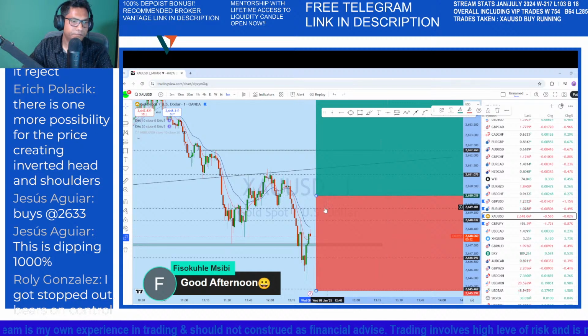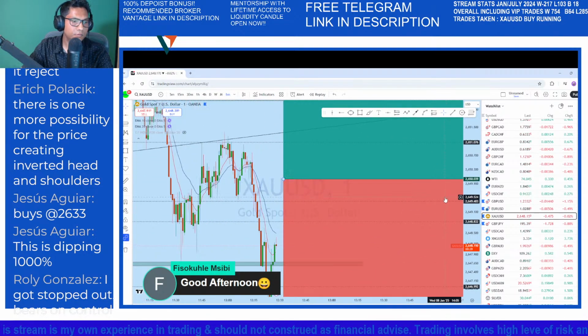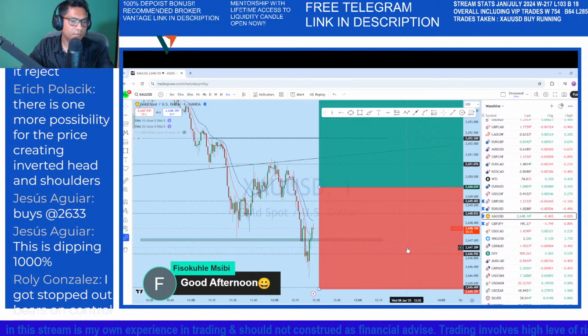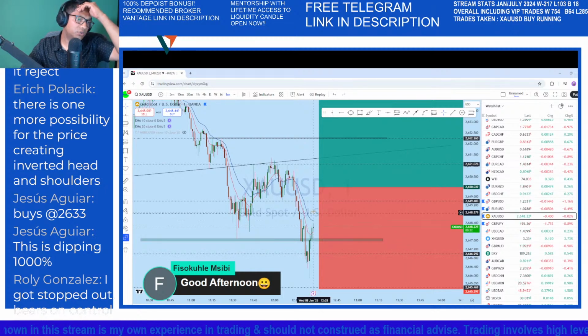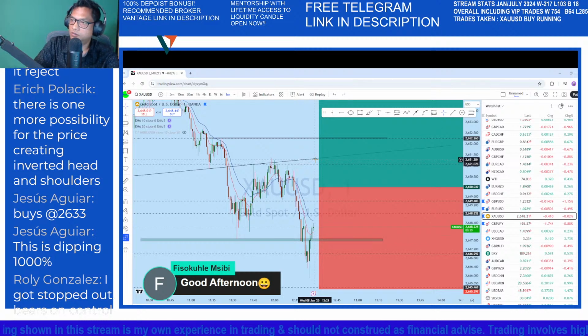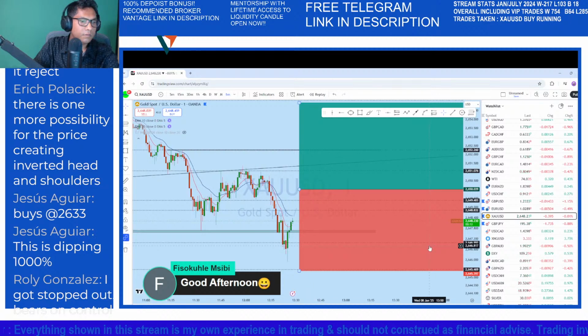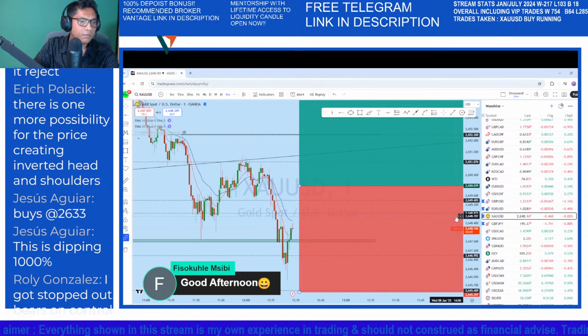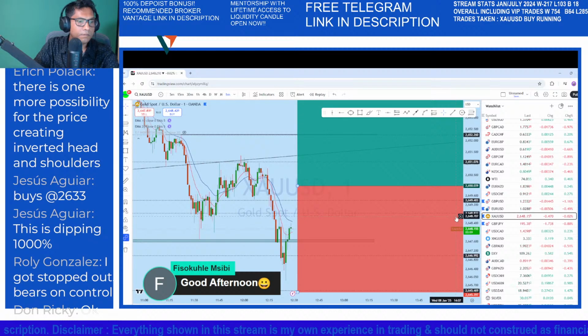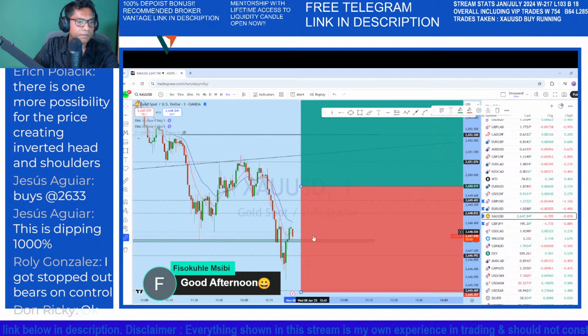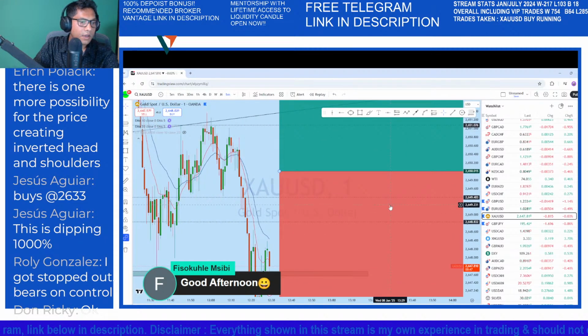Okay, getting a rejection and want to see that it's moving up to the resistance line, which is very important to see. Forming reversal.